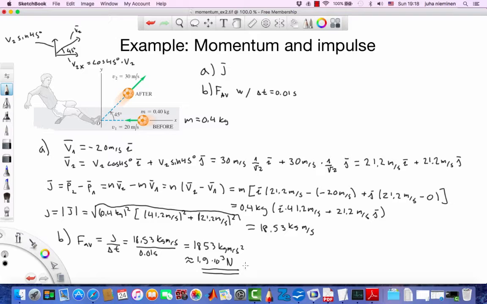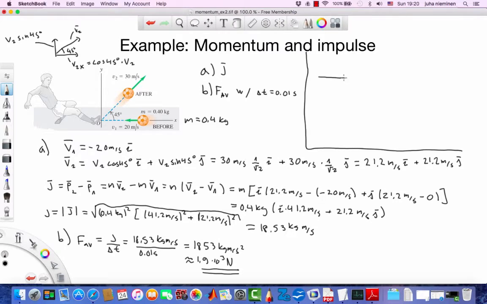So that's the magnitude. What about the direction of the force? Let's use this space. We have some more room here. So we calculate the impulse in a vector form, and the impulse and the force are always in the same direction, so we can just evaluate the direction of the impulse.